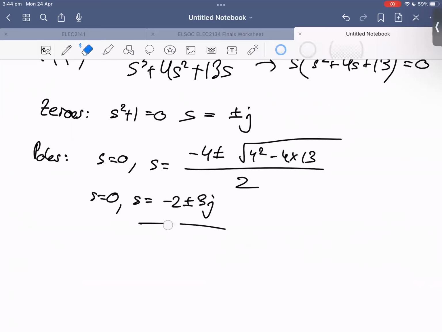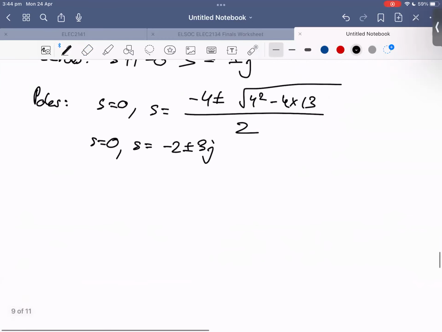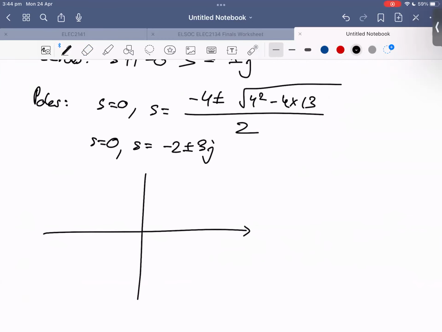So I have 3 poles, and I think it said sketch the poles and zeros, so I'm going to go ahead and do that. This is my real axis, and this is my j omega axis. Remember, we use x's for poles and o's for zeros.